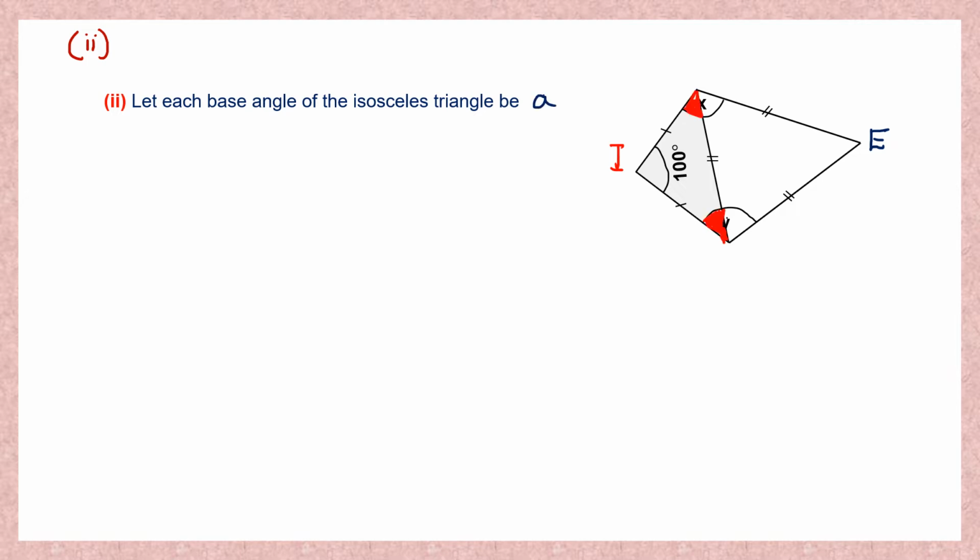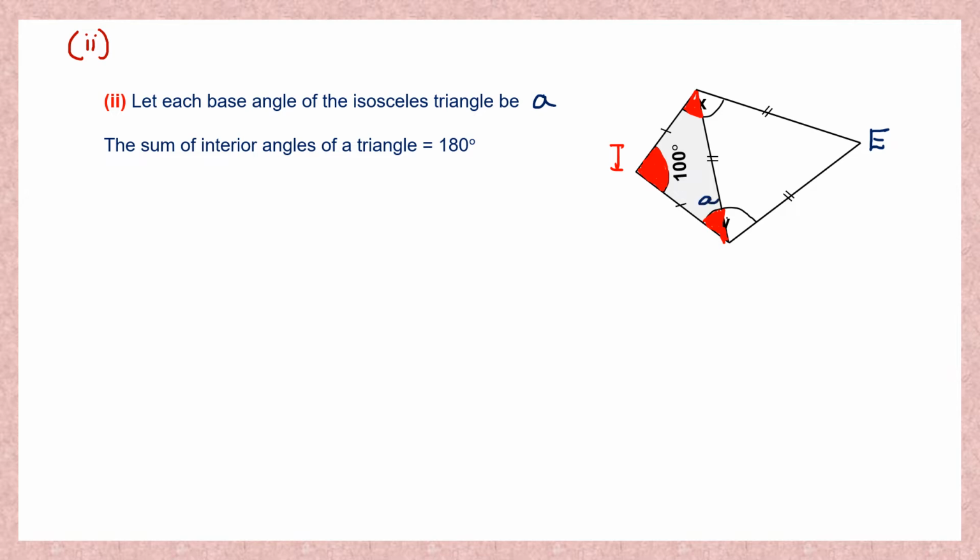The angles marked in red are the two base angles of the isosceles triangle. Now let's use another property. The sum of the interior angles of a triangle equals 180 degrees. Now, all the angles marked in red are the interior angles of the isosceles triangle. That means all these together should add up to 180 degrees.